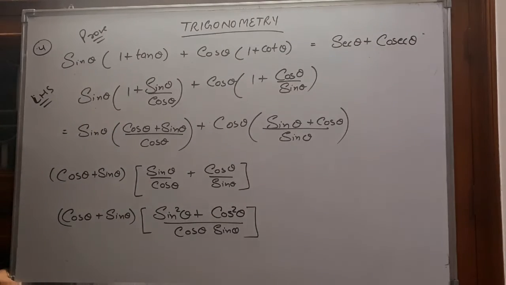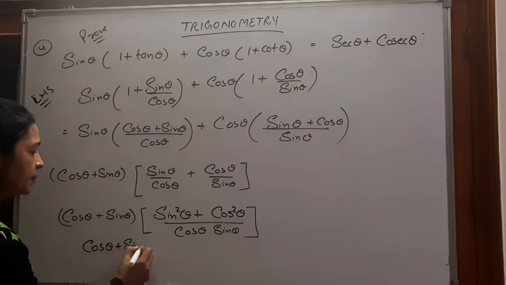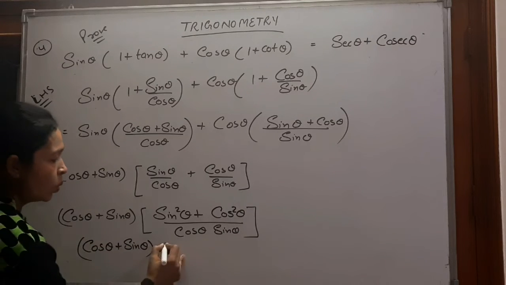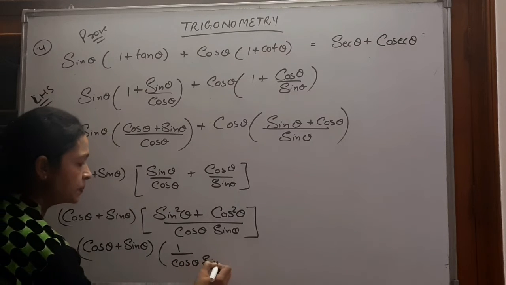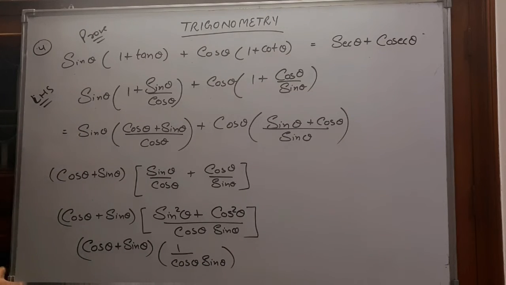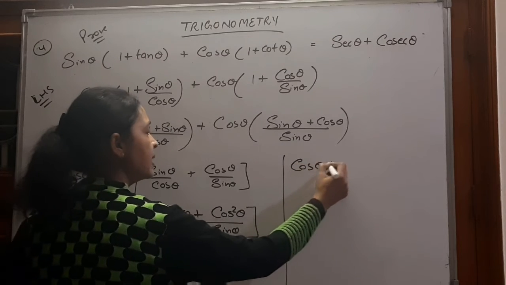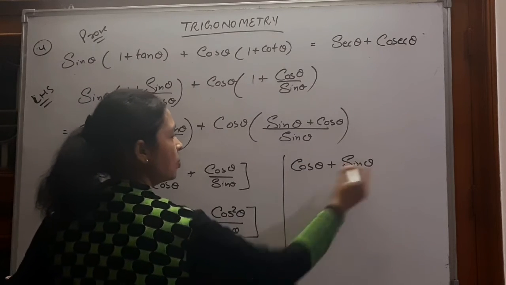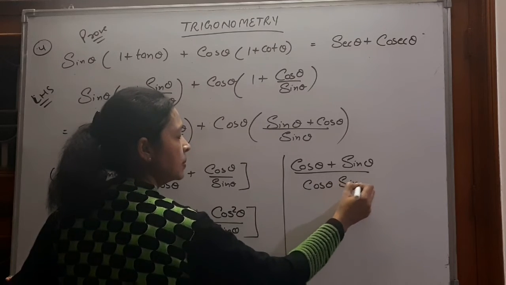And what is sin square theta plus cos square theta? It is equal to 1. So we have cos theta plus sin theta into 1 upon cos theta sin theta. We have cos theta plus sin theta upon cos theta sin theta.